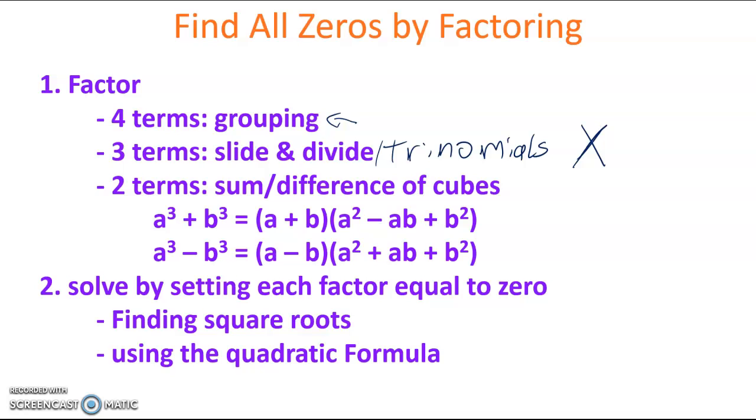Three terms, sum or difference of cubes. Sometimes you might also have a difference of squares if you can break it down, but most of what we're dealing with will be two terms, either sum or difference of cubes. And just like we did with quadratics, when we solve, we set each factor equal to 0, and then solve each individual equation for x.